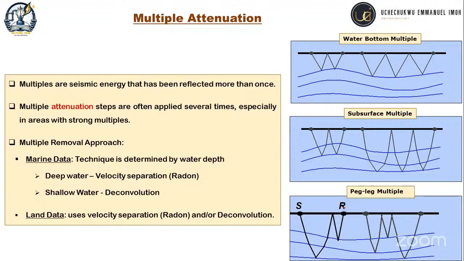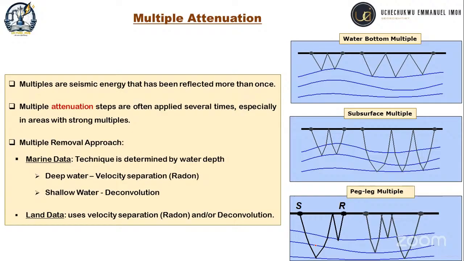They are just seismic waves that travel multiple times before being recorded by the receiver. When they reflect from a particular boundary, instead of going straight to the receiver, they find another interface or acoustic impedance contrast, hit it and come back downwards, and keep bouncing like a tennis ball until they get to a receiver. So they are called the multiples.